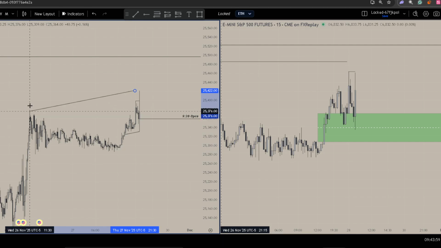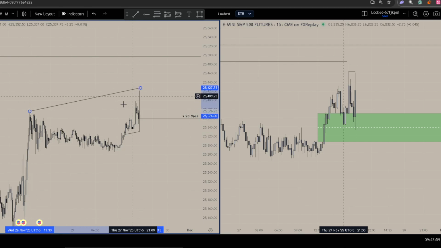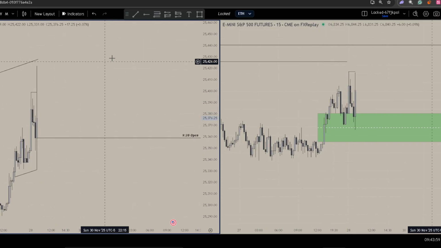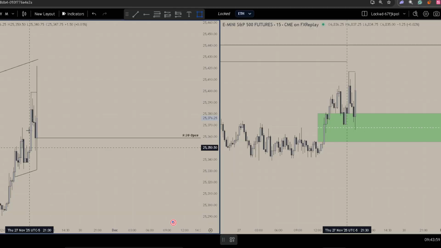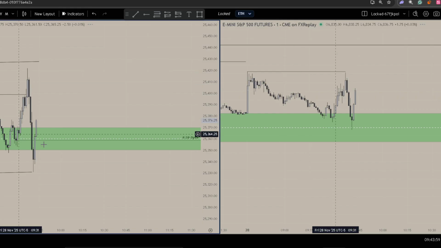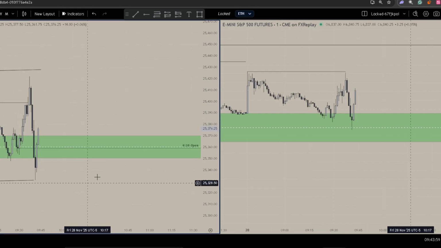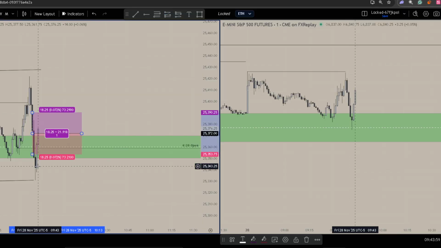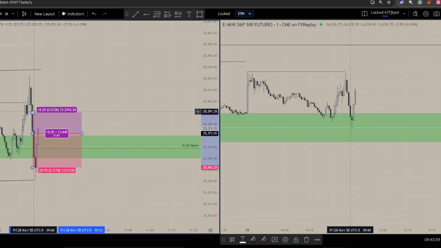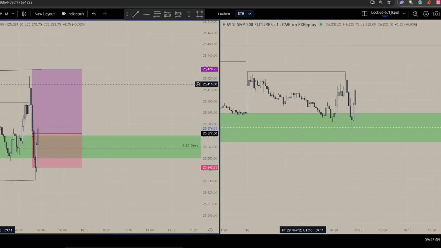Yeah, we have conflicting biases, but I am still bullish because this 15-minute is still holding up as well. So I gotta be aware of that. So that 15-minute is still valid. So if we can get this inverse, this wouldn't be a bad trade, I'm not gonna lie, targeting this high.